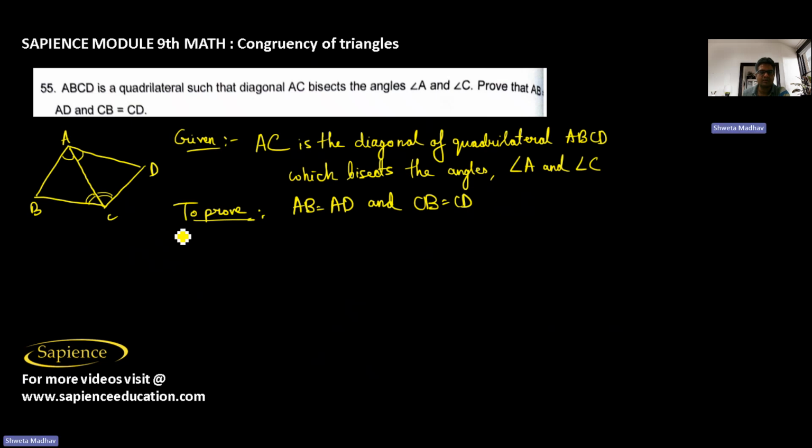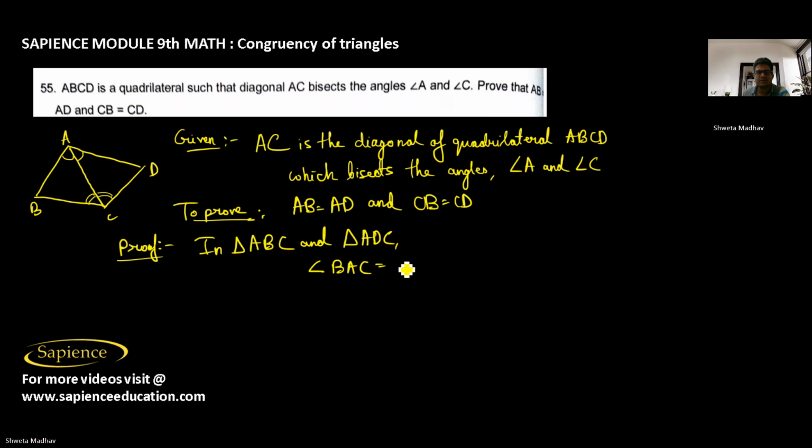So the proof is that in triangle ABC and triangle ADC, angle BAC equals angle DAC. Since why?